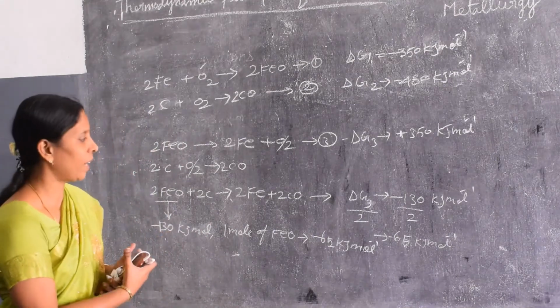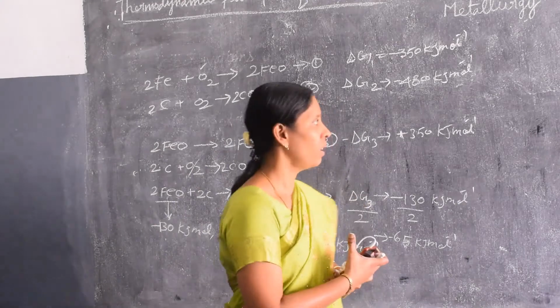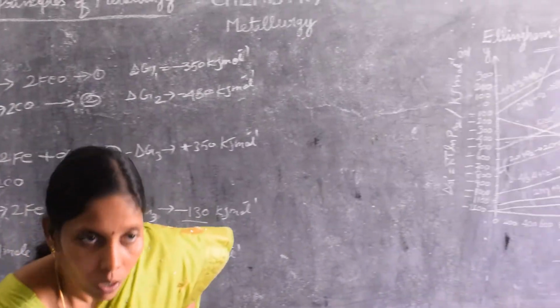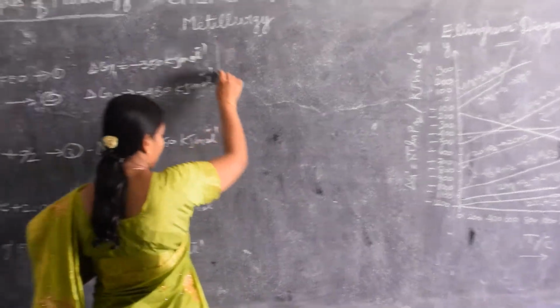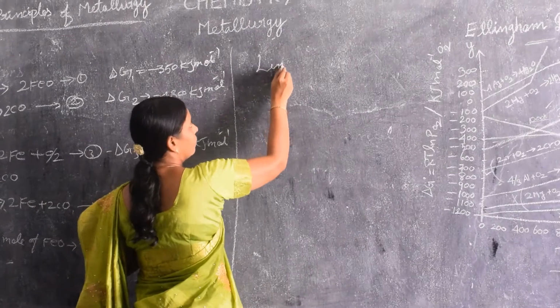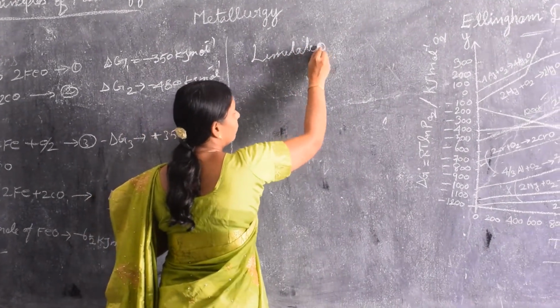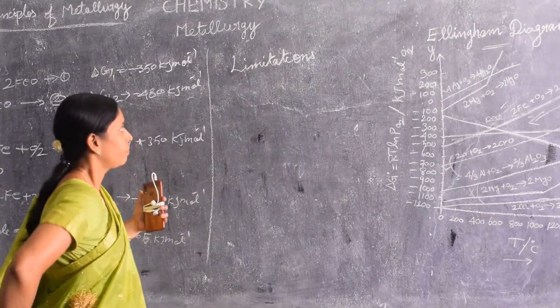So this is the Ellingham diagram explanation. Okay, and then some limitations irukku.